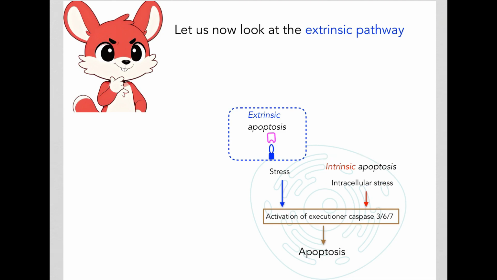In this video, we shall look at how extrinsic apoptosis will cause the activation of executioner caspases, and then those executioner caspases will cause cell death by apoptosis.